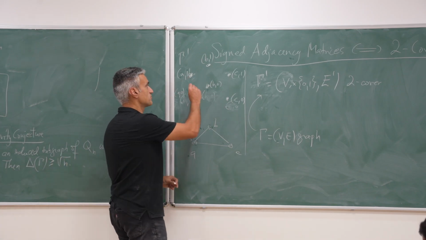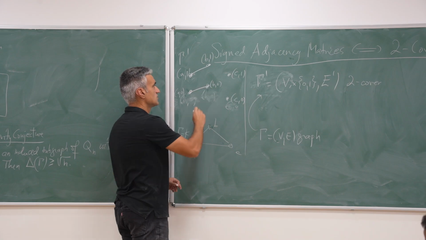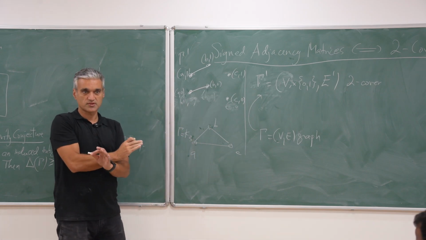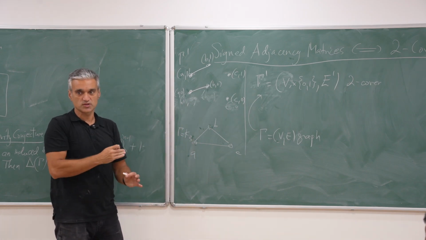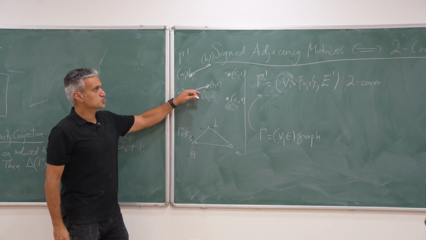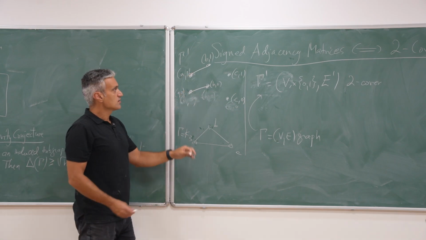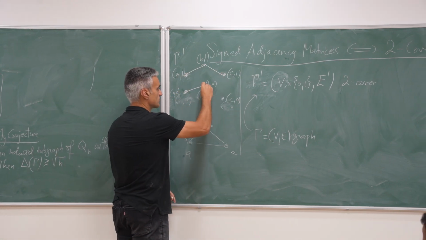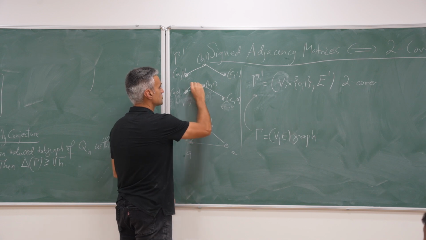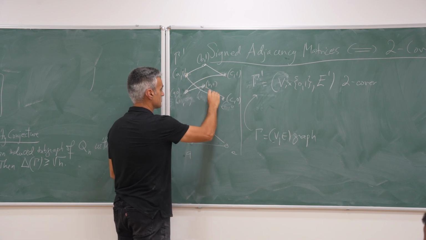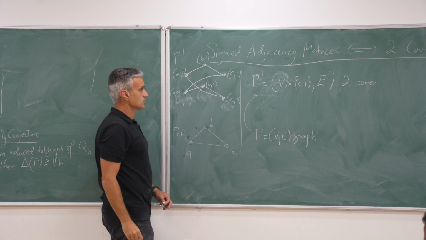You can either add a perfect matching like this, or you can add the other perfect matching. There are two perfect matchings between the parts. So here I chose to do this. Here I chose to do this. And here I chose this kind of diagonal form.